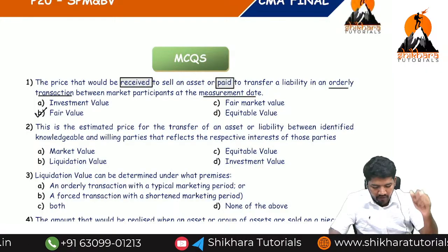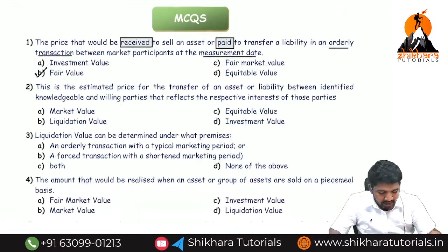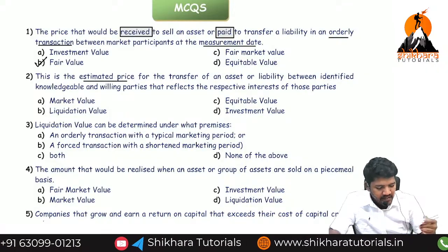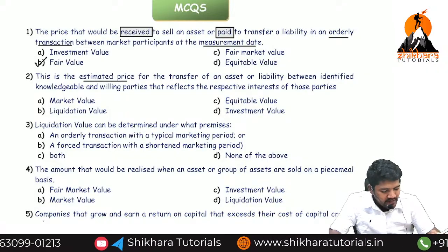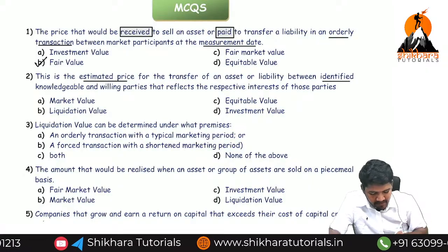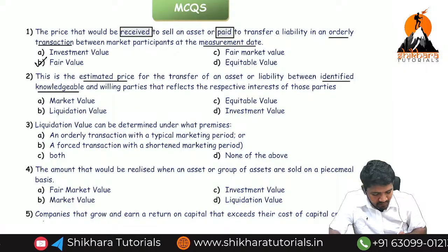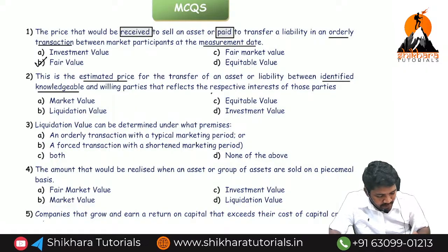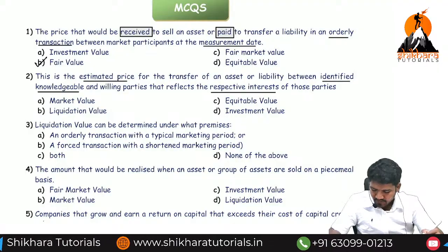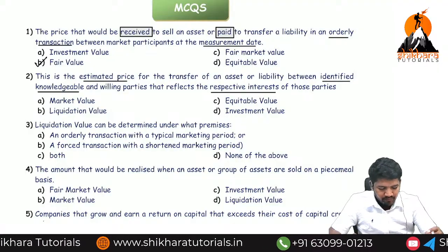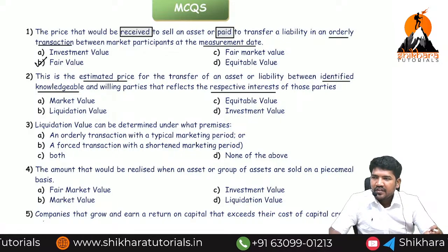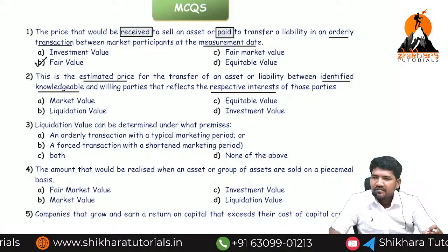Okay. Now MCQ number 2. This is the estimated price for the transfer of an asset or liability between identified parties with respective interests. So what value is it? Go and check the equitable value definition.